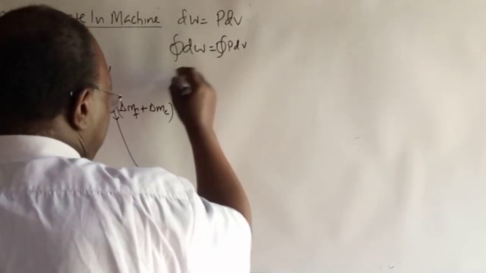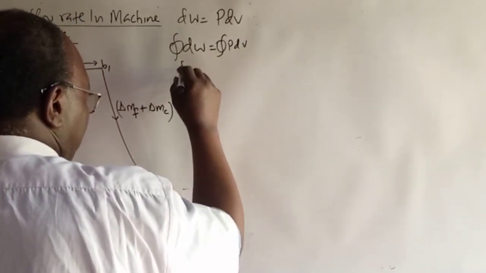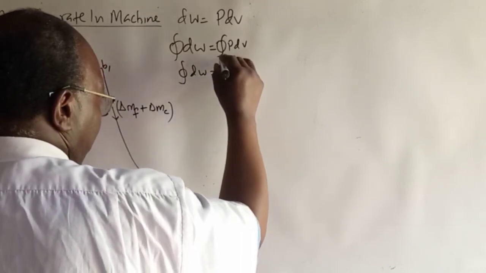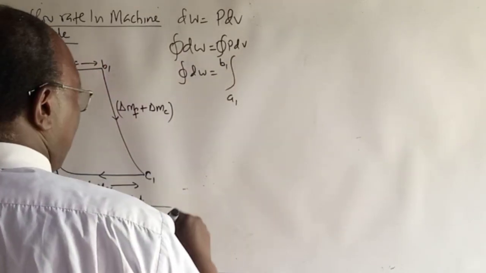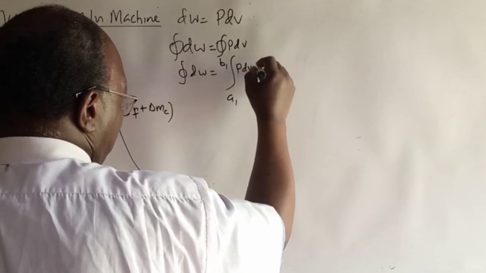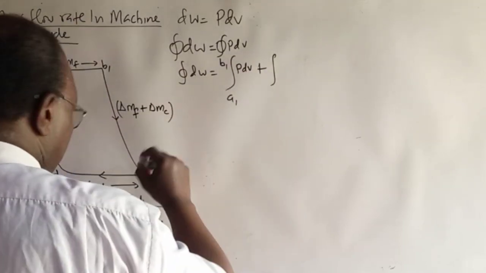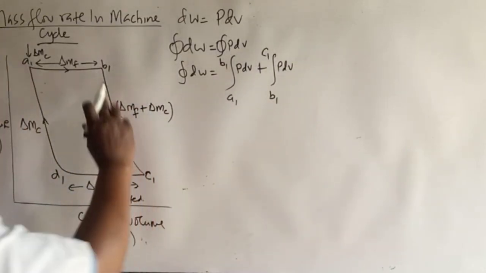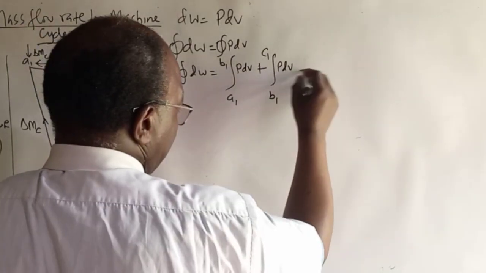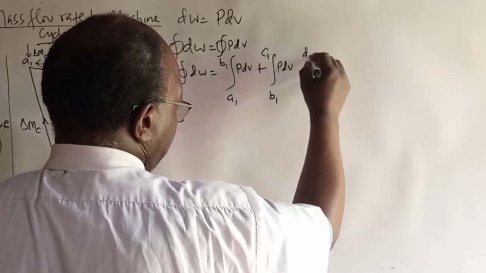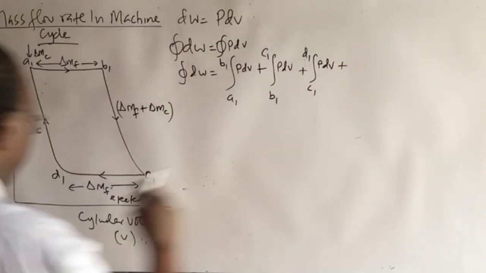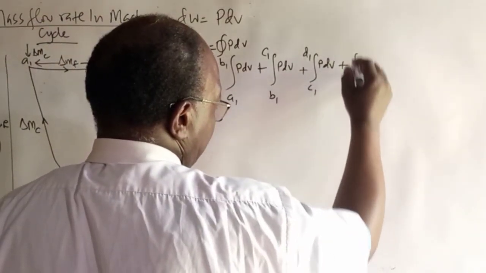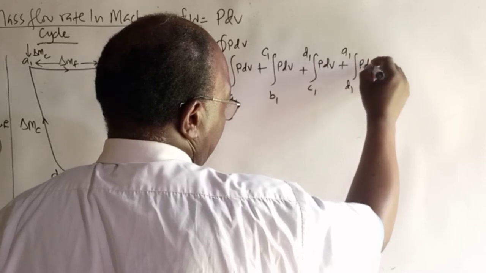So the cyclic integral of dW consists of the line integral from A1 to B1 of P dV, plus the line integral from B1 to C1 of P dV, plus the line integral from C1 to D1 of P dV, plus the line integral from D1 to A1 of P dV.